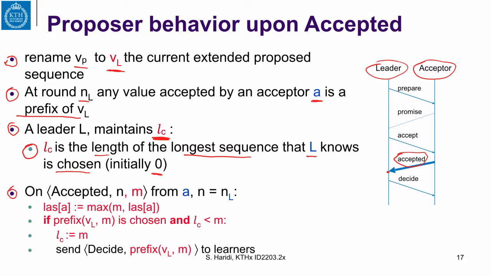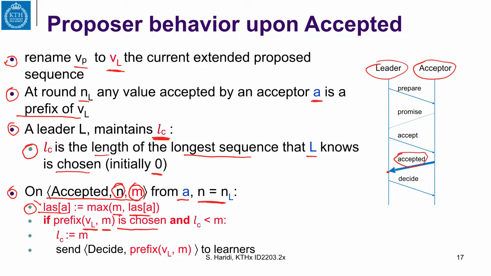Whenever a leader receives an accepted message for round N, with M the length of the sequence at the acceptor, coming from A, where N is the current leader round, it checks that M is larger than the length of the current accepted sequence at the acceptor and updates this field. And then it checks if the prefix of VL, the sequence at the leader, with length M is chosen.